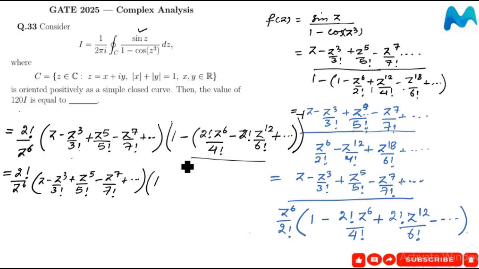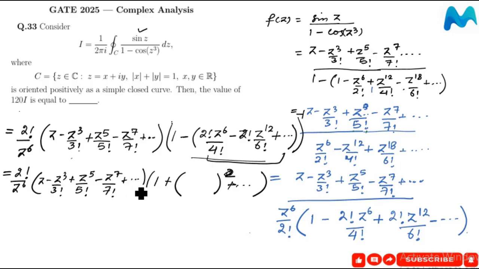And here will be 1, plus this whole term, and that will be the square. These terms will have the higher order, and when they multiply with this, whether z^3 or any one of them, it's very simple, but it takes time.